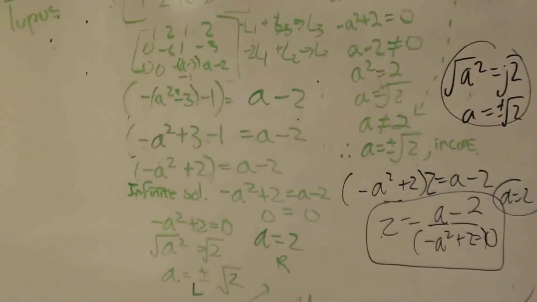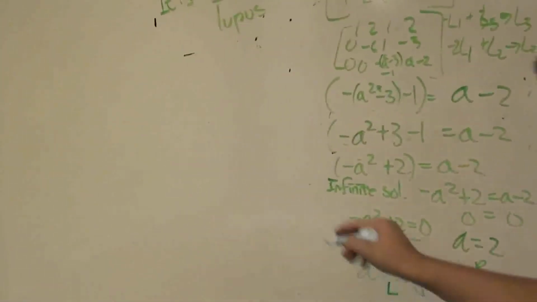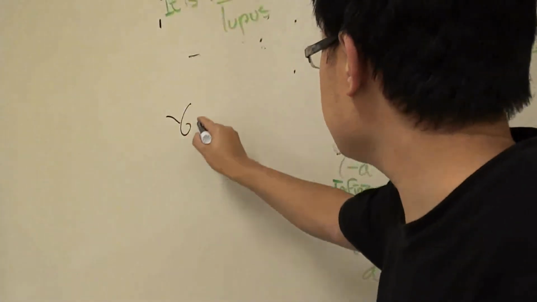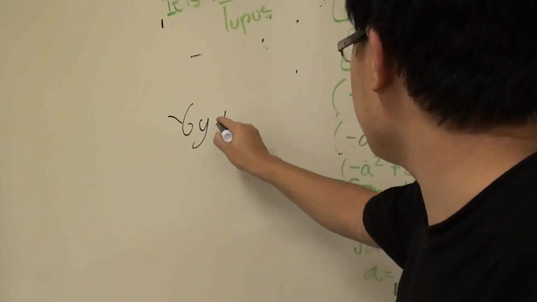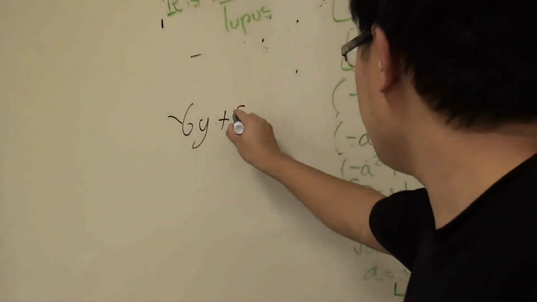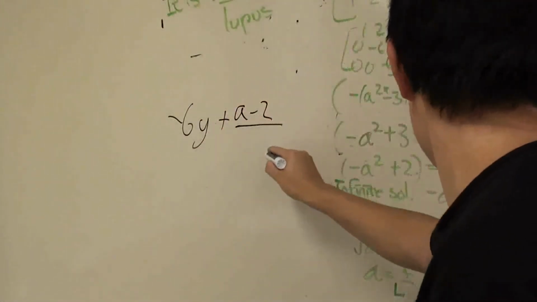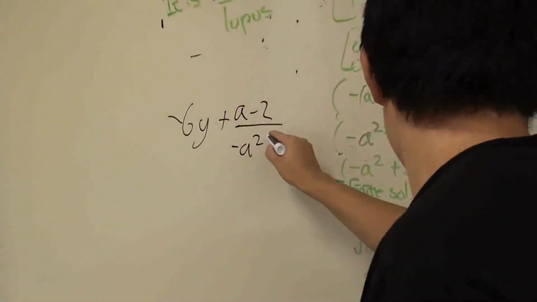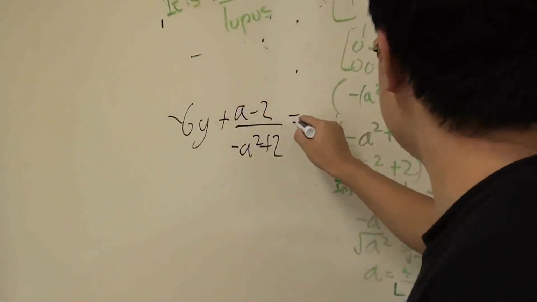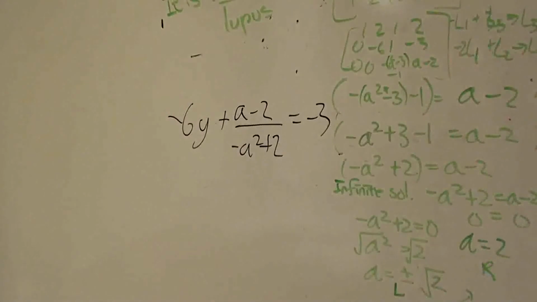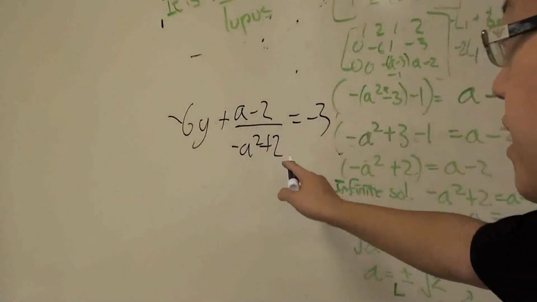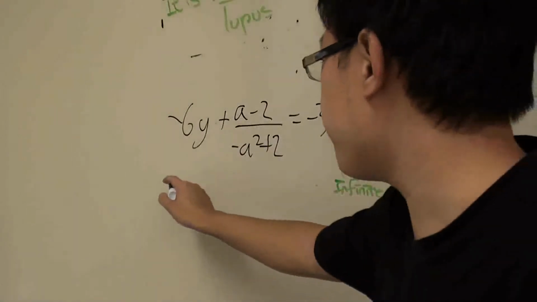Actually, let me just write it down so that some people know exactly what I'm talking about. 6y plus, oh god, a minus 2 divided by -2 squared plus 2 equals -3. So, maybe not the exact solution, but you can find it, right?